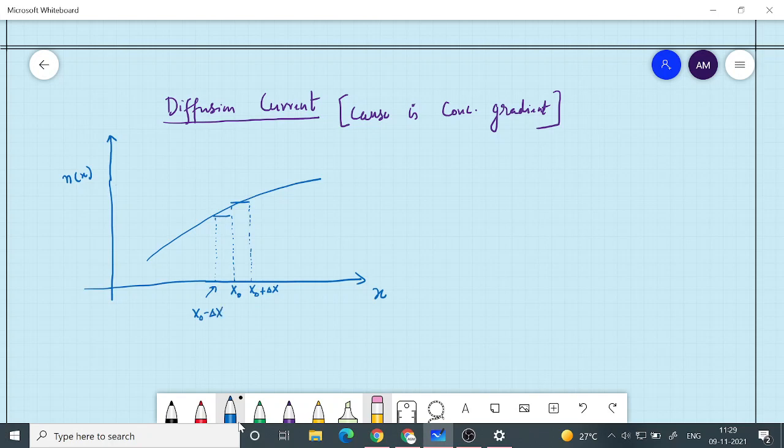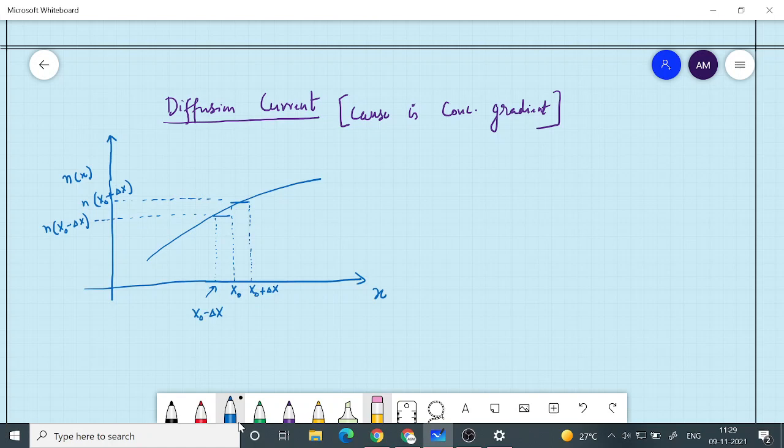So what is the concentration at x0 minus delta x? It is n of x0 minus delta x. What is the concentration at the next point, x0 plus delta x? It is n of x0 plus delta x.